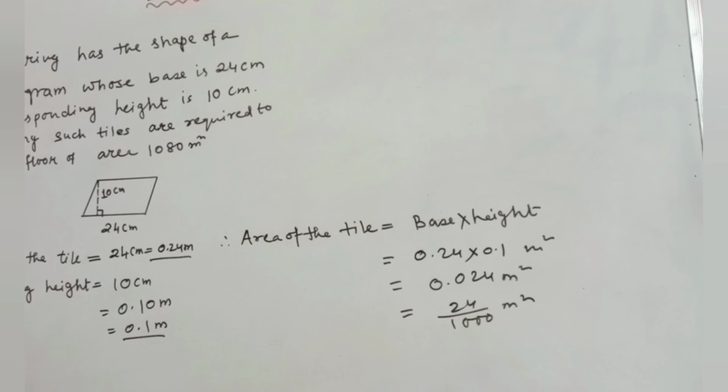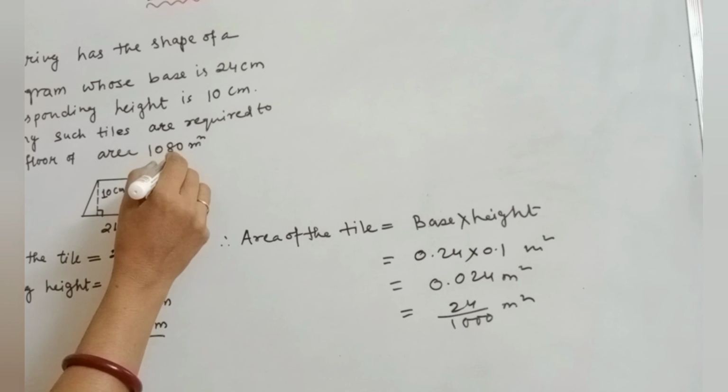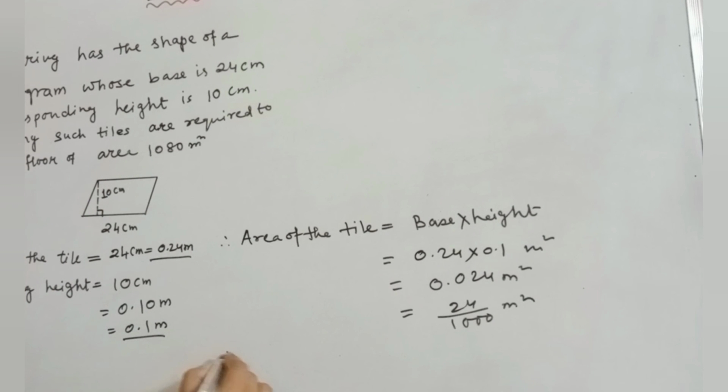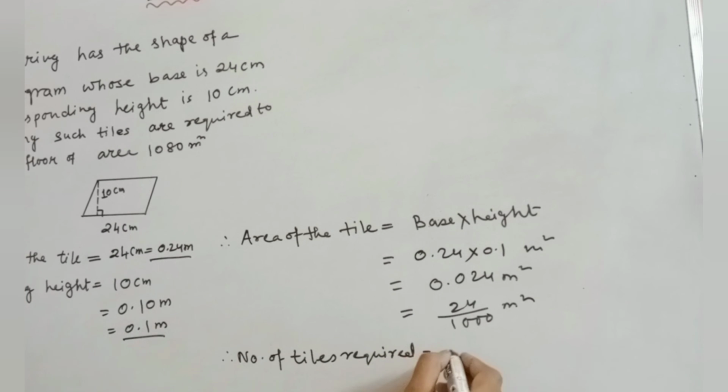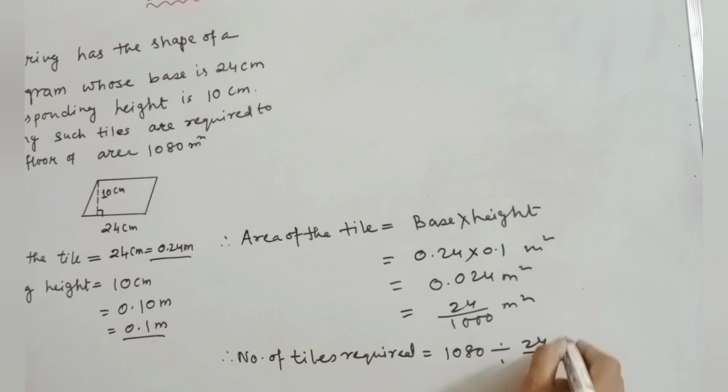Now you know the area of one tile and the total area to be covered. Therefore the number of tiles required is the total area of the floor, 1080 meter square, divided by 24 by 1000 meter square. Divide it, complete the work.